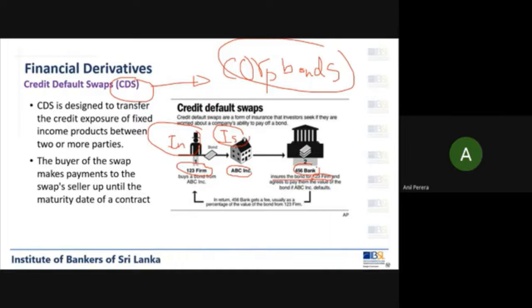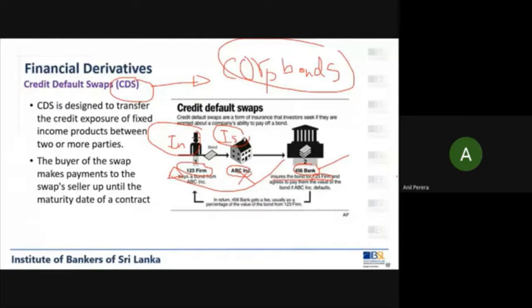They agree that if ABC fails to pay, bank 456 will pay the investor if there is any default. Right? So there is some security for the bond. You don't mind if the company fails. You know the bank would pay you. So that is called credit default swaps.